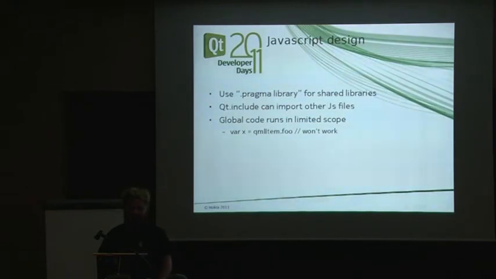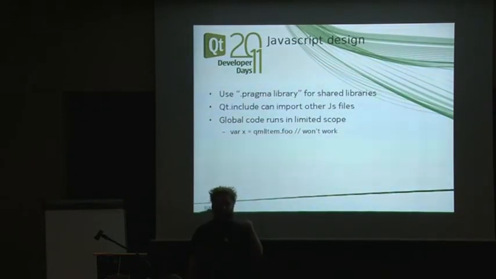One thing in general, if you use JavaScript, the global code runs in a limited scope. Actually, it runs in the same scope as all the other JavaScript parts. But the problem here is that the first things in your QML file are the imports, and also the JavaScript file imports. And if you import at that stage, nothing is created in your QML file yet.